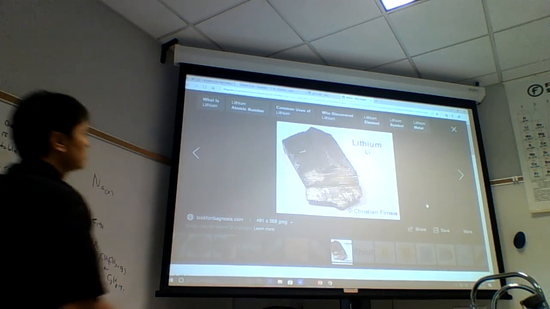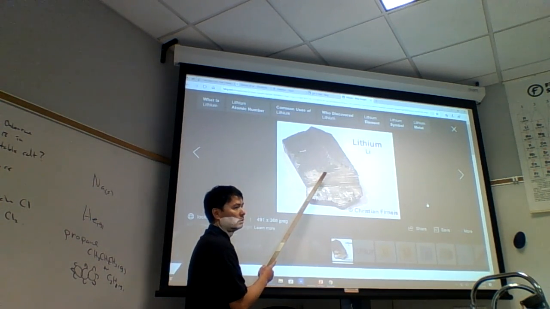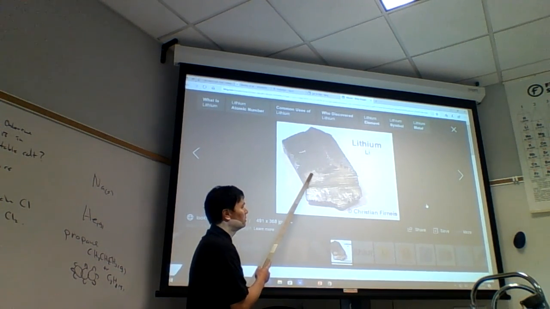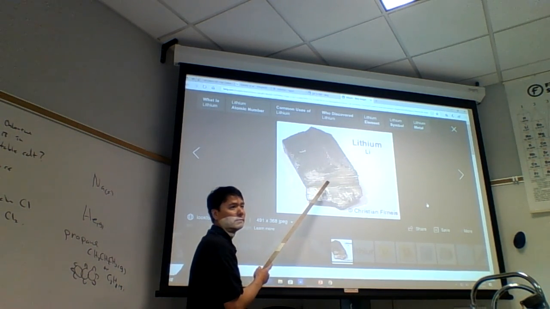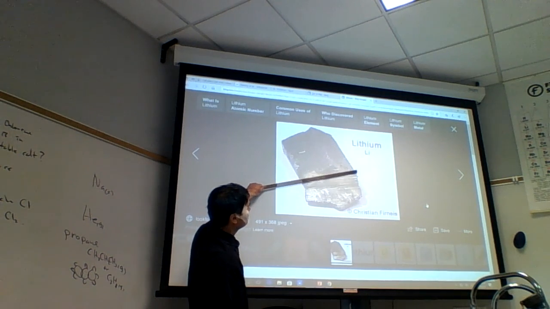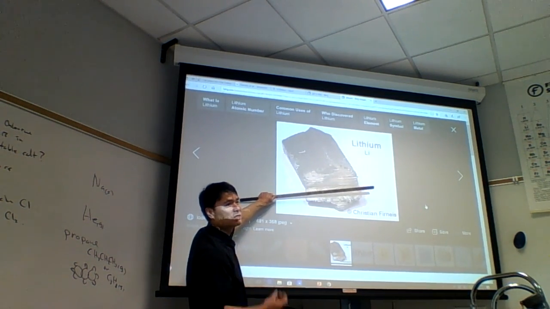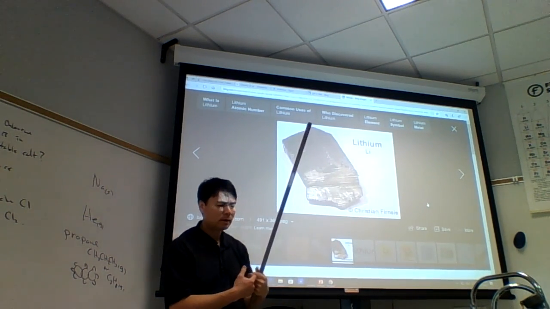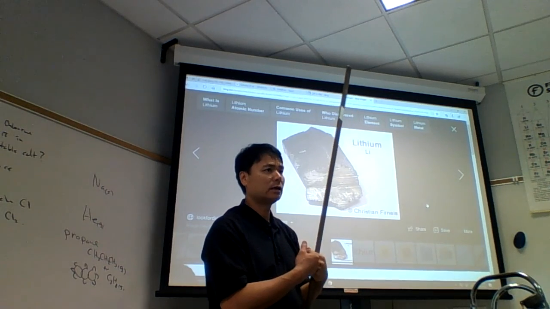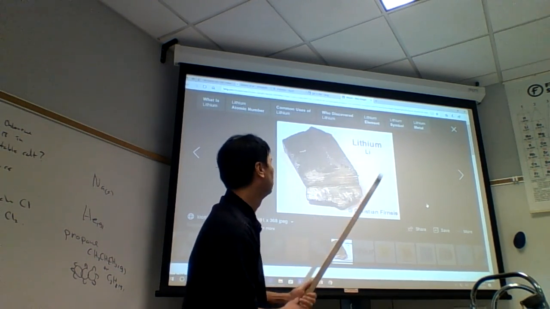Do you see all the surface corrosion here? It rapidly corrodes in air. You have to watch out because lithium can catch on fire if you're not careful. If you cut it, it's easy to cut. Lithium, like sodium and potassium, are very soft metals. In other words, the bonds that hold the atoms together are kind of weak, making them soft and easy to cut.